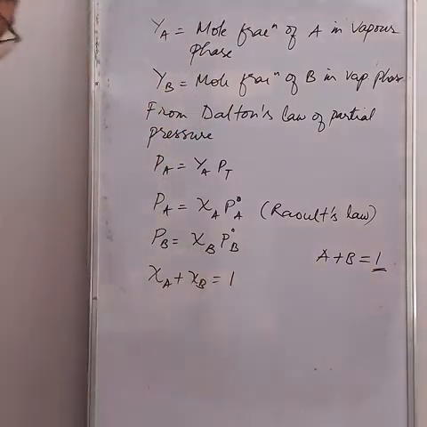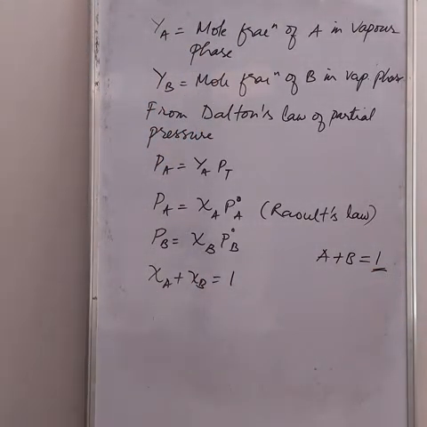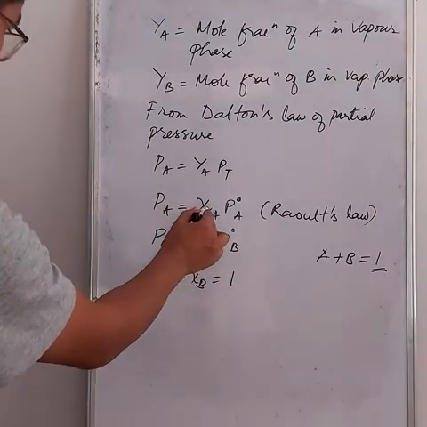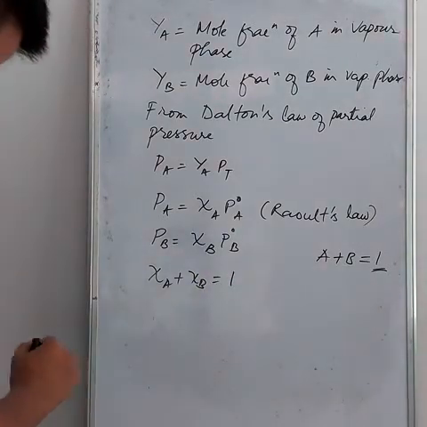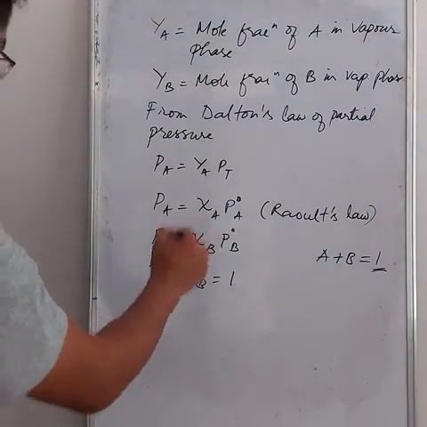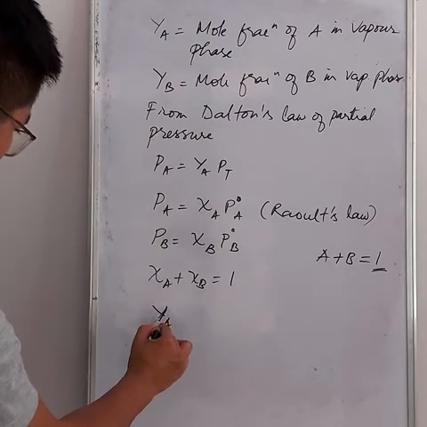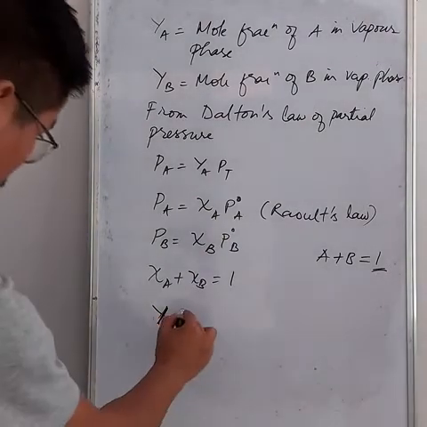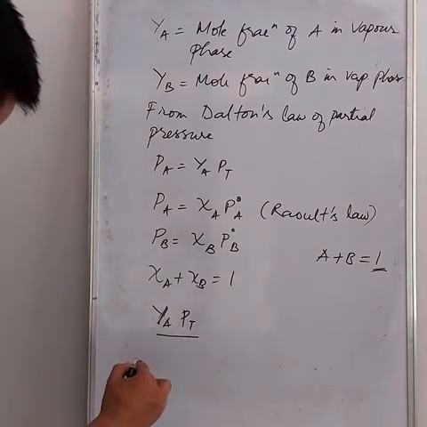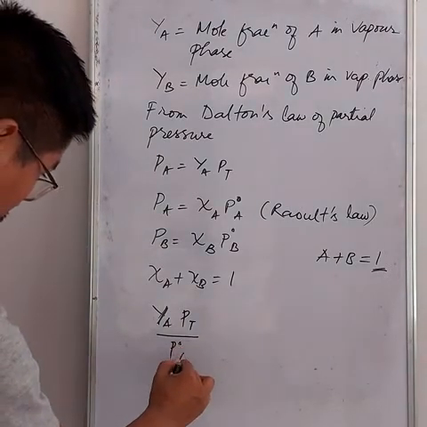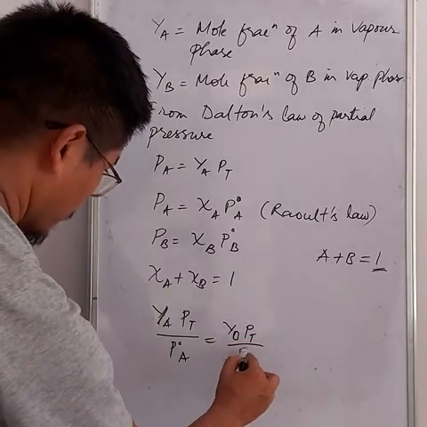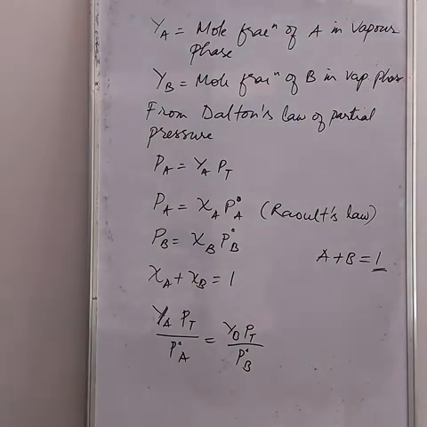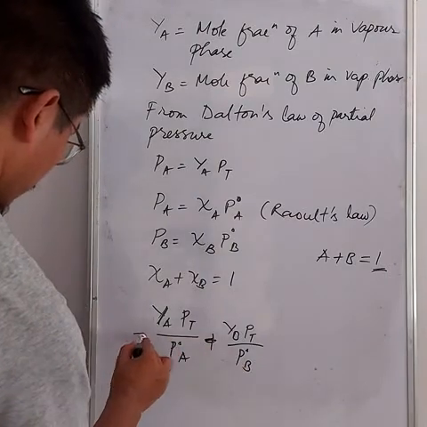So here also we'll apply the same, and if you manipulate this equation, we'll simply get yA PT over P naught A and yB PT over P naught B, which add up to 1.